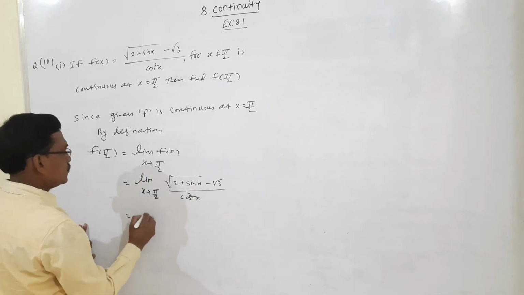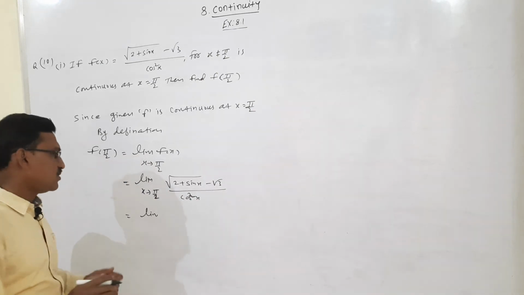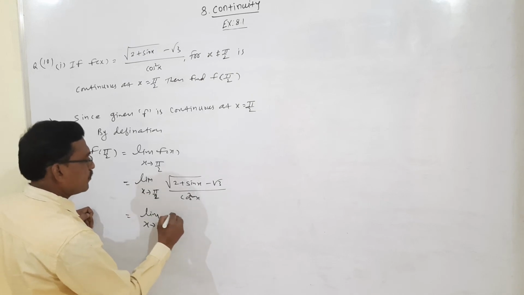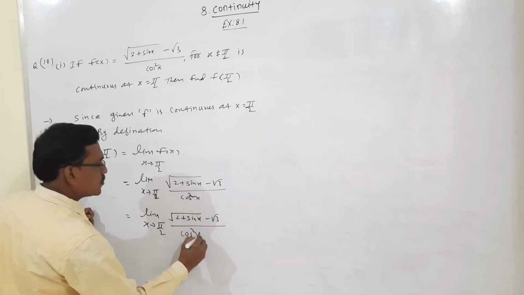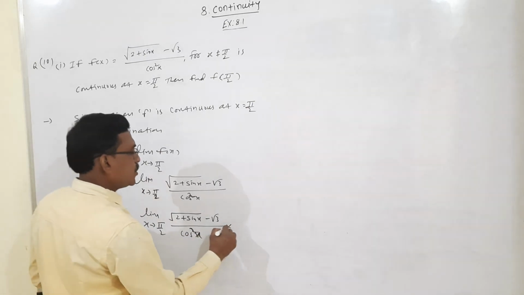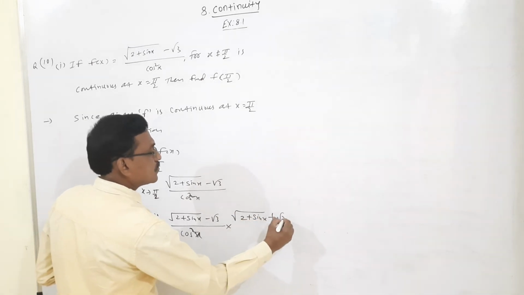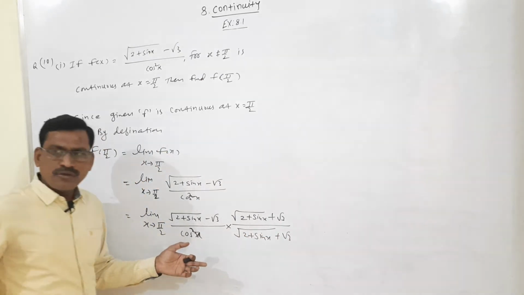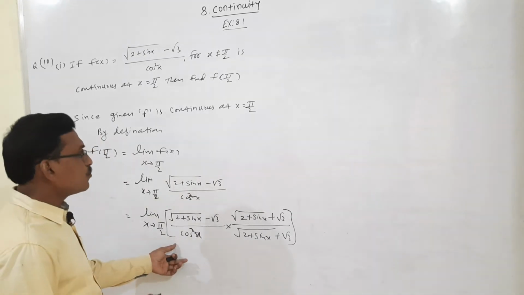Since it is an irrational function, we rationalize the numerator: multiply numerator and denominator by root of 2 plus sin x plus root 3.